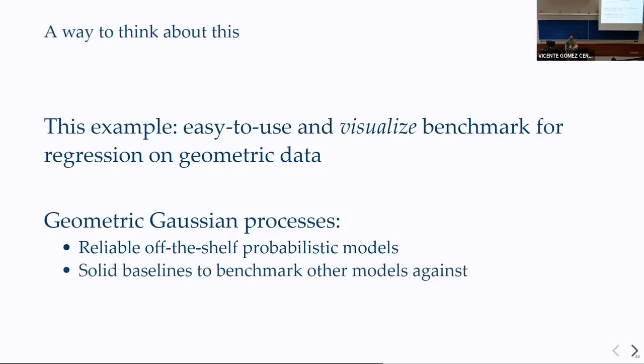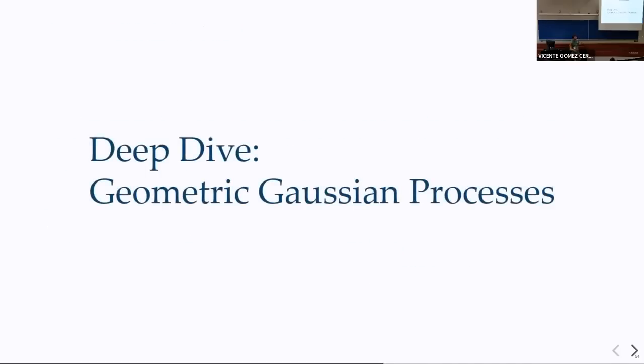You can also use these models to benchmark others against, and this is what I encourage you to do. Take the ensemble or Bayesian neural network examples and maybe try to make them work better. Good. So this is my introduction and, in part, motivation of this class of geometric Gaussian processes.